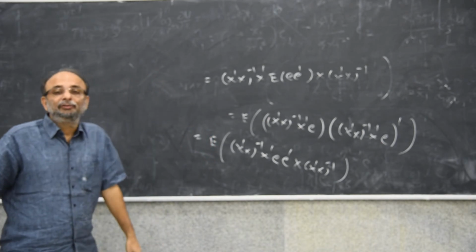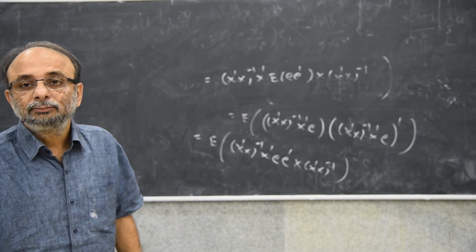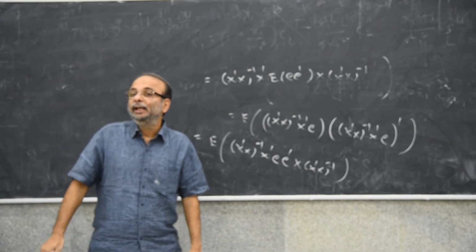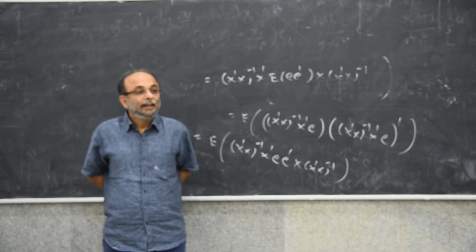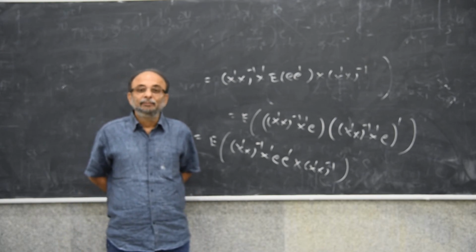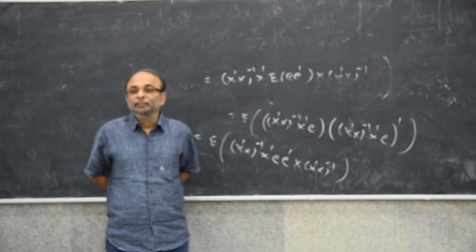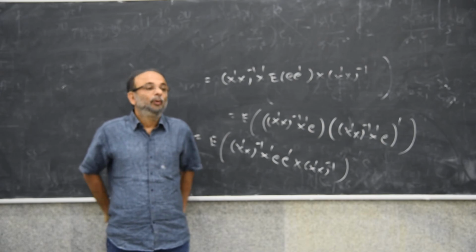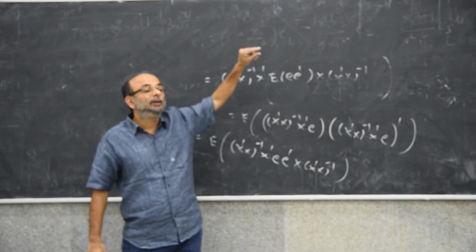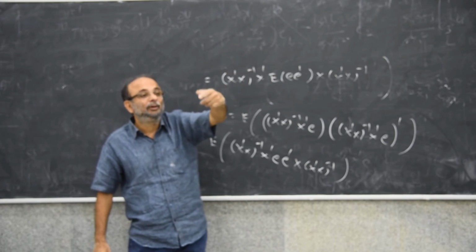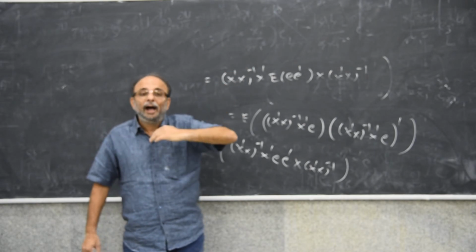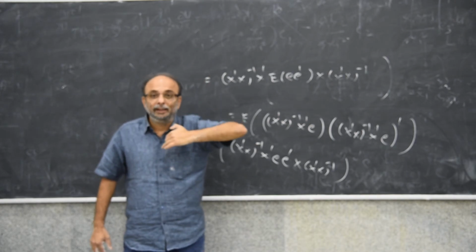Now what is the dimension of e e dash? It is n cross n, because e is n by 1, e dash is 1 by n. So what do the diagonal elements tell you? The diagonal elements will tell you the variances sigma 1 square, sigma 2 square, sigma 3 square, and so forth, and the off diagonal elements will tell you the covariances.